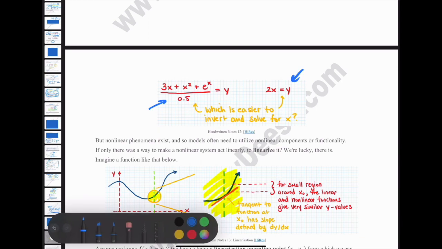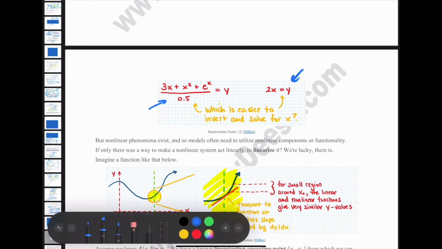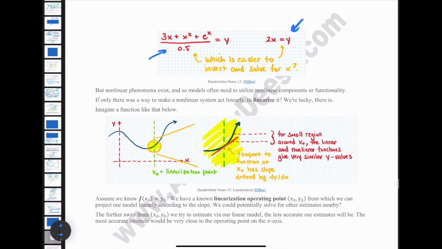But for better or for worse, nonlinear phenomena do exist, and they're very prevalent in nature. So we need models that utilize nonlinear components and functions. If only there was a way to make a nonlinear system act linearly, to linearize it. Well, we're lucky there is.